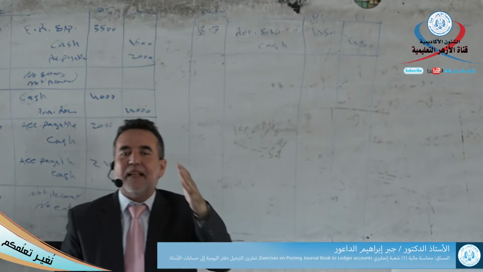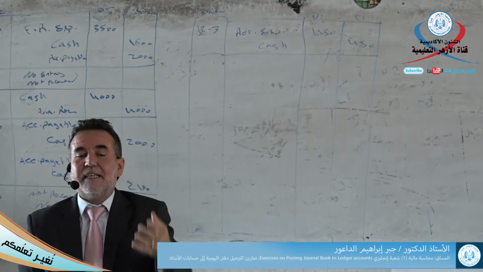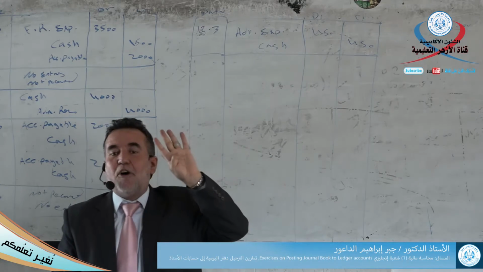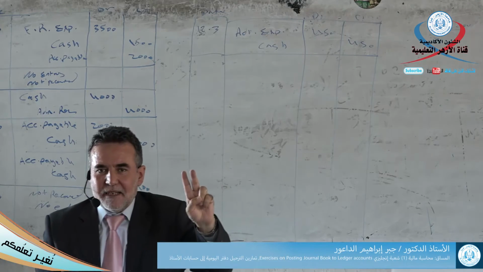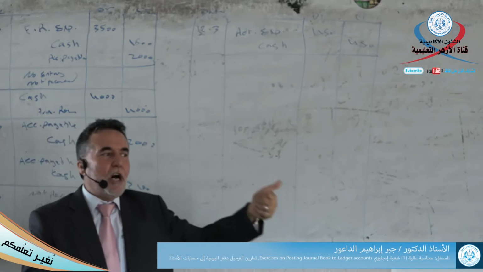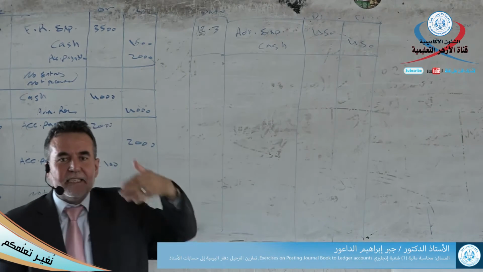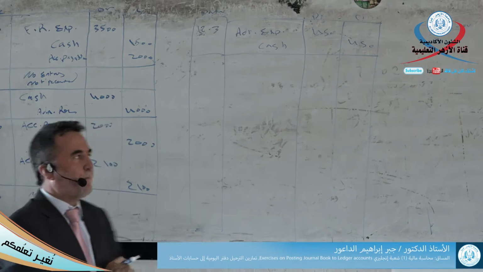Another side, liabilities: increased CR, decreased DR. Owner's equity, we have 4 items. Revenue and capital like liabilities. Drawing and expenses like assets. Increased DR, decreased CR. Okay?